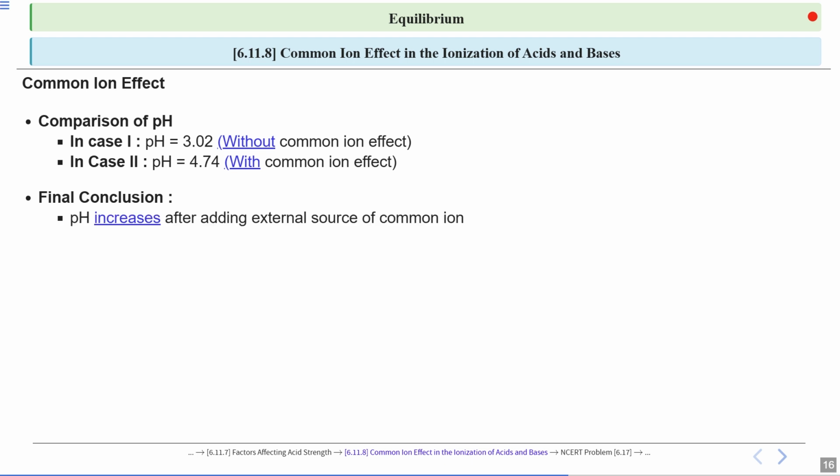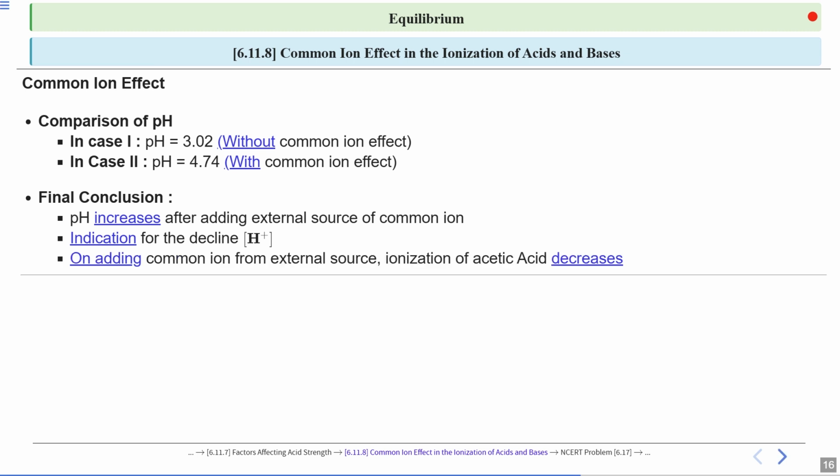We can conclude that upon the addition of the common ion, the pH increases, and that clearly indicates that there is a decline in the H plus concentration, because pH is inversely proportional to H plus, right? And if the H plus concentration is decreasing, that means product is formed in less amount, right? So this is clearly occurring due to the addition of this common ion. I hope you got this idea. It's very simple to understand with the help of this example.